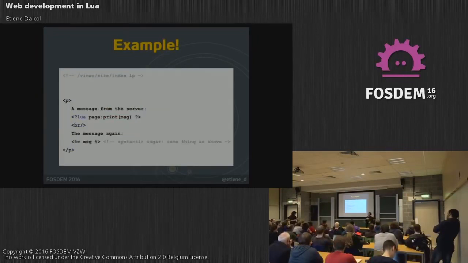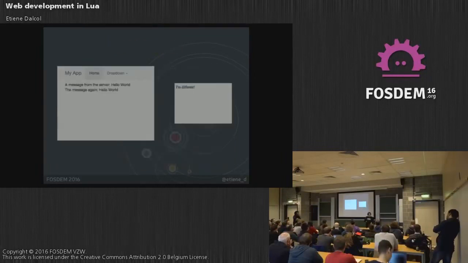So views in Sailor are just regular HTML files where you can open Lua brackets. So you can print the message you're sent. Of course, we have a small syntactic sugar for not having to use print all the time. This will be the output.